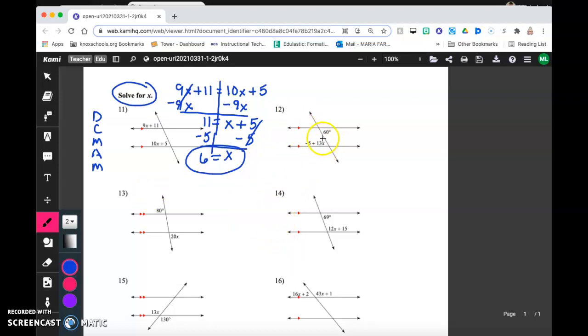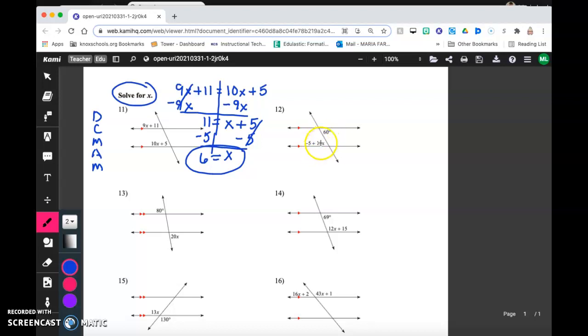So number 12, again, we've got to figure out the angle relationship first. We have angles on opposite sides of the transversal, but they're inside those parallel lines, which means this angle relationship is alternate interior, and alternate interior angles are also congruent.